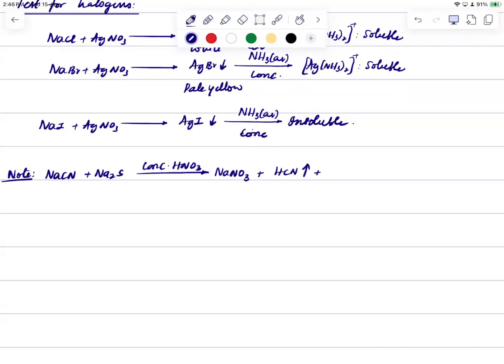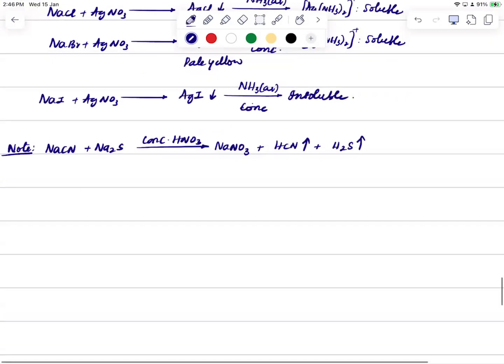Similarly, it can also release H2S vapors. So these two vapors will be gone so that there is no disturbance for chlorides, because AgCN and Ag2S are also precipitates, correct? So we don't want those precipitates to form here.